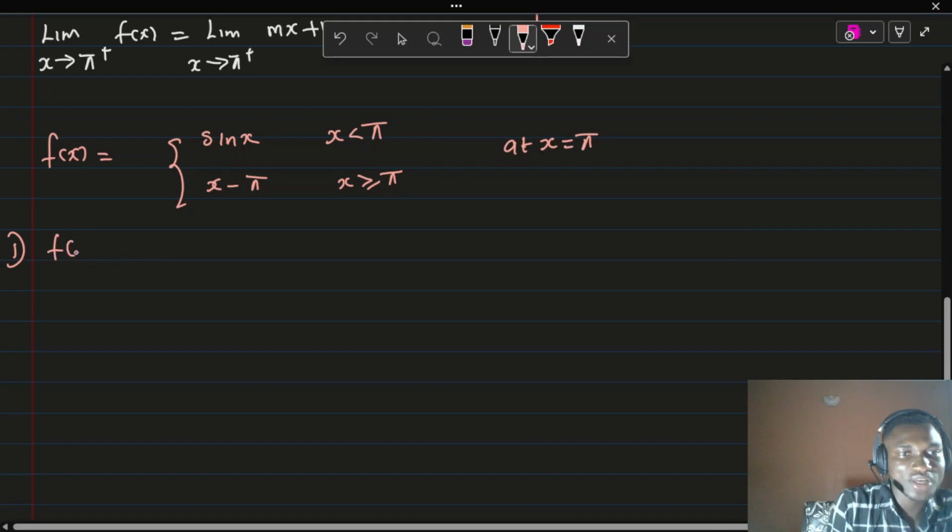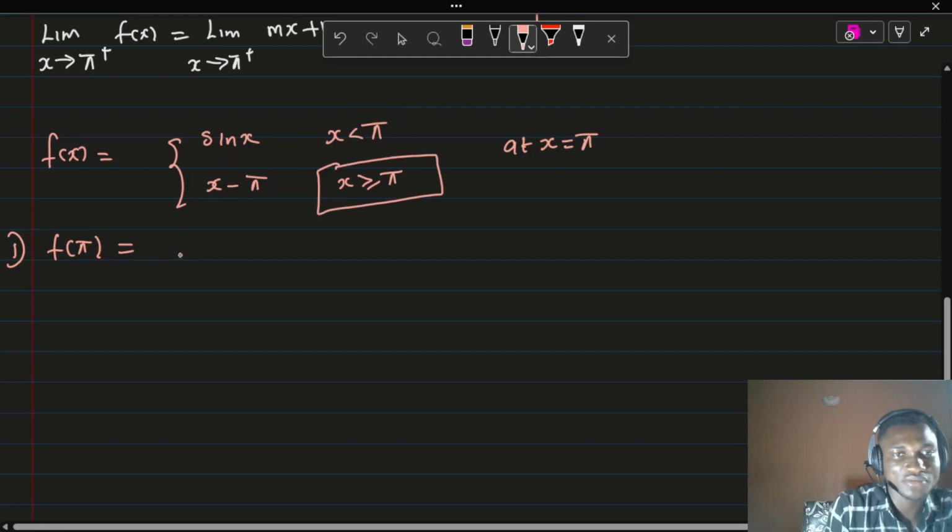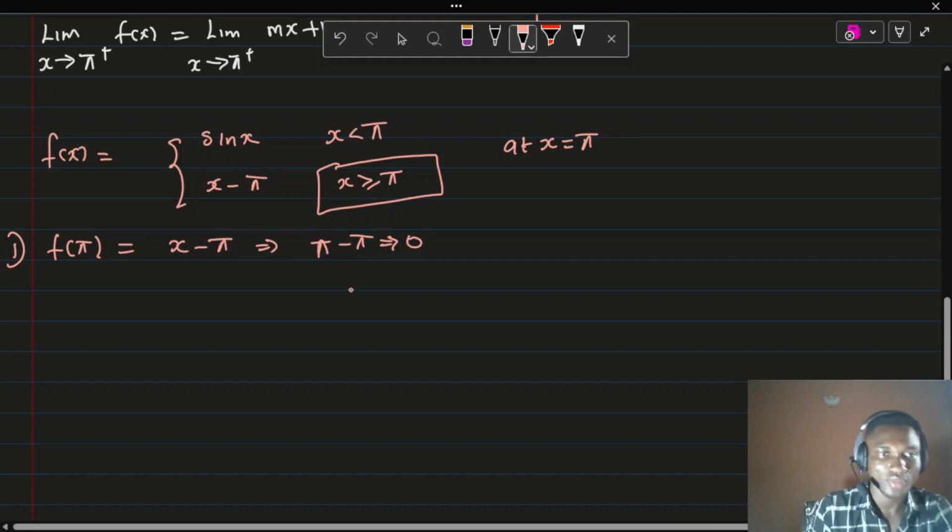So f of pi must be defined. That will be x minus pi, and our x is pi, so pi minus pi gives us 0. Okay, good. That's the first step.